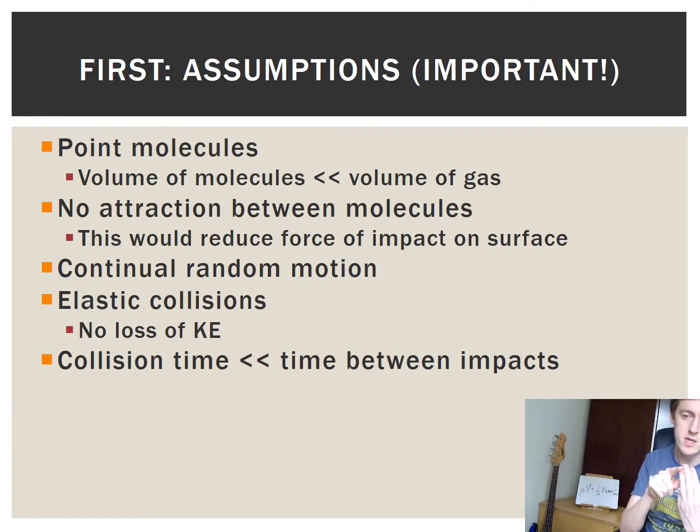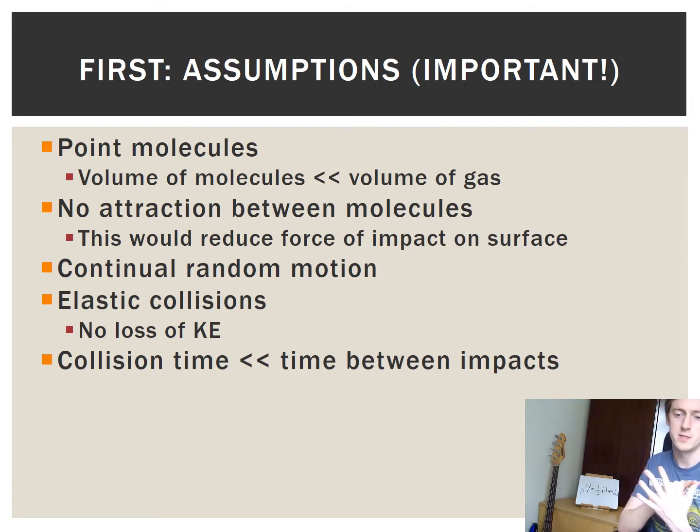Point number 3, continual random motion. That is motion which is continual and also random. Number 4, elastic collisions, so we're not losing any kinetic energy to the surroundings in any way, the energy remains constant. Individual particles can slow down, but only by transferring some of their kinetic energy to other particles.